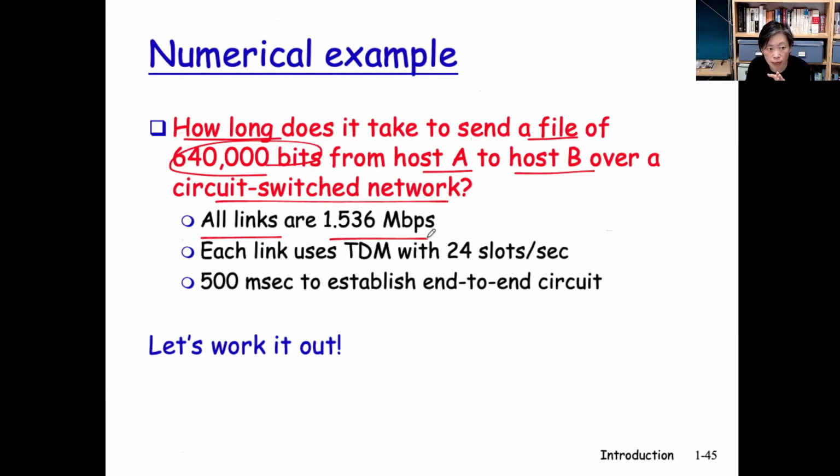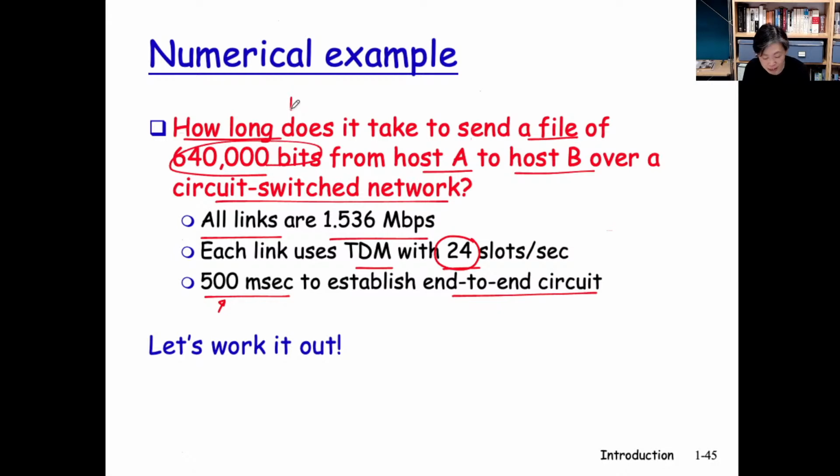And each link is divided into 24 parts using TDM, meaning that the circuit between A and B only gets 1 slot. And the presumption is that to establish the end-to-end circuit between A and B, it takes this much time. All right, so how long does it take entirely to send the whole file through?